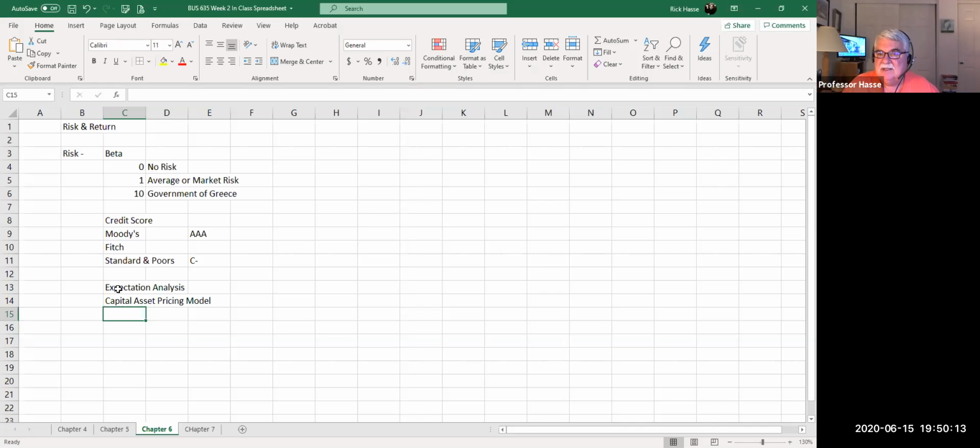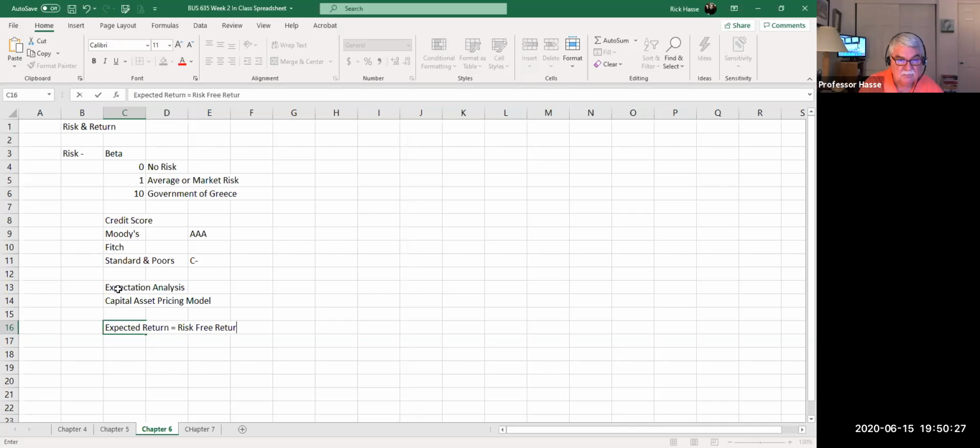But what it is, in English, it means this. My expected return is equal to the risk-free return plus market premium return times the beta or the risk of my company.